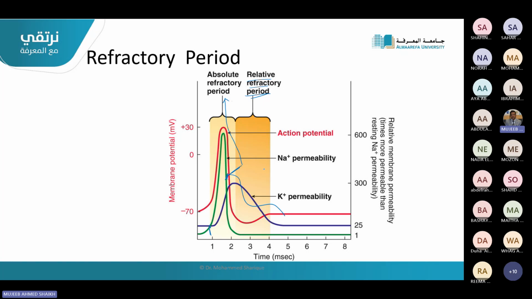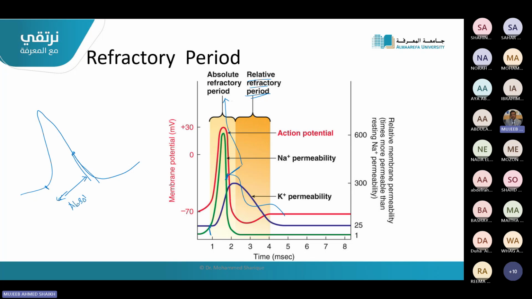That means a second action potential can be produced if you stimulate in the later one third. From here till here, or maybe up to here, sorry, up till this point, there cannot be a second action potential.